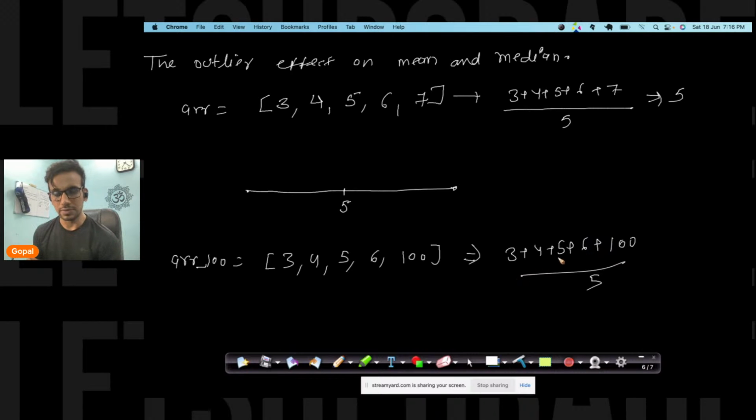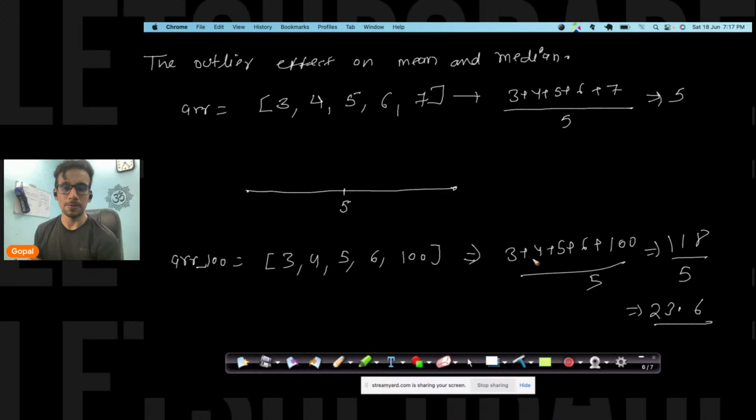So it will be how much again? 118, I hope my calculation is right. 118 divided by 5. So it will be 23.6, I guess. This much this value will be.